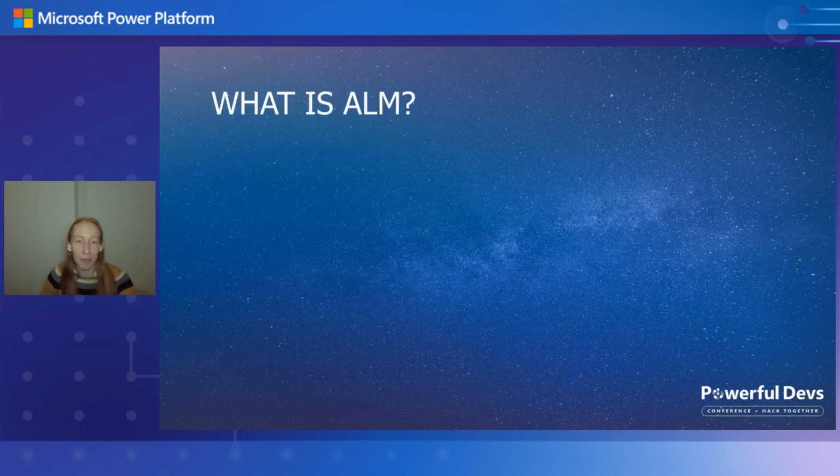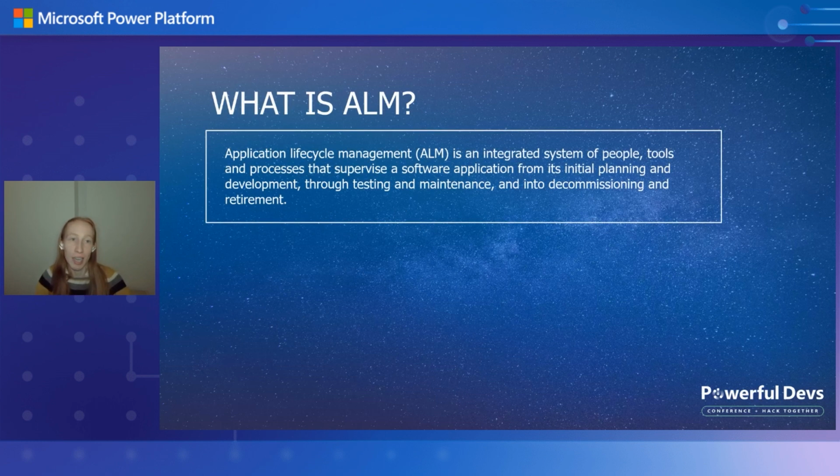So what is ALM? If we look at the definition of ALM, then you can find something like this on the internet, stating that application lifecycle management is an integrated system of people, tools, and processes that supervise a software application from its initial planning and development through the testing and maintenance and into decommissioning and retirement. So what does it say?